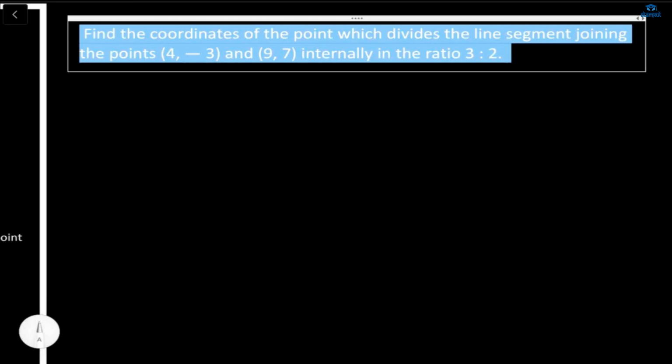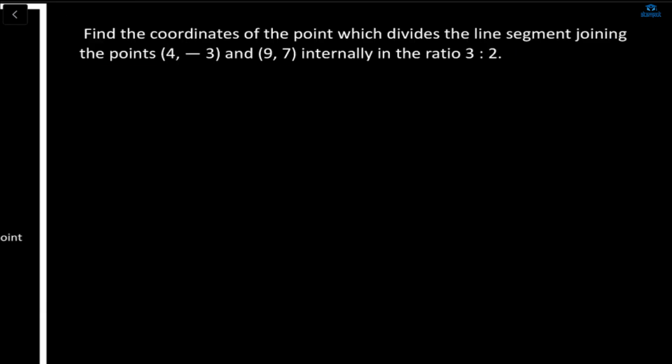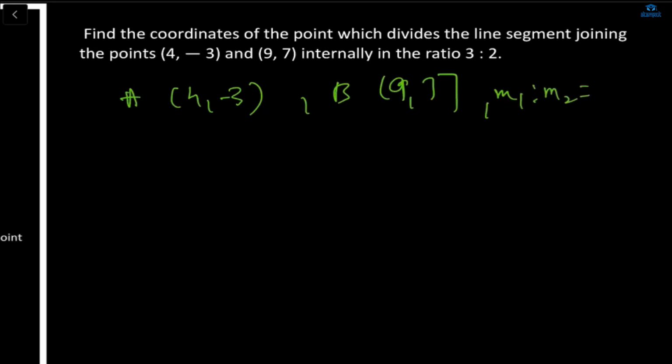So what is written here? Find the coordinates of the point which divides the line segment joining the points (4, -3) and (9, 7) internally in the ratio 3:2. We can take A as (4, -3) and B as (9, 7), and the ratio M1:M2 as 3:2.